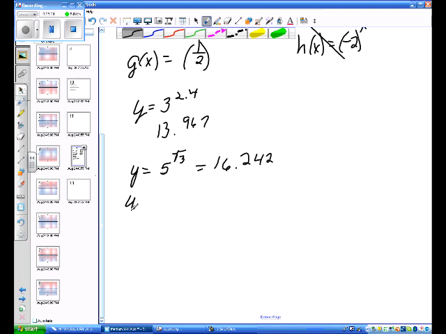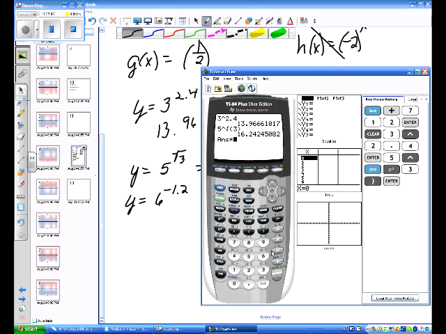If we had y is equal to 6 to the negative 1.2. Now we can have negative exponents, we just aren't dealing with negative bases. And so this would be 6 raised to the negative 1.2.